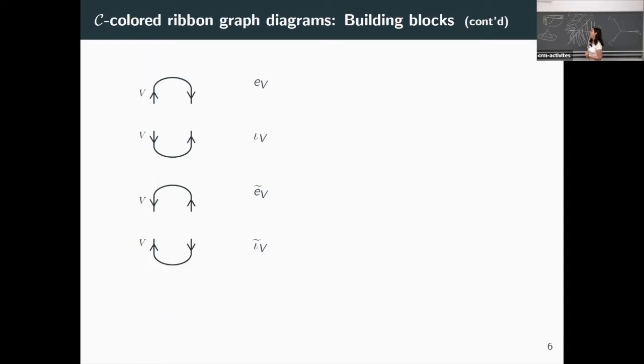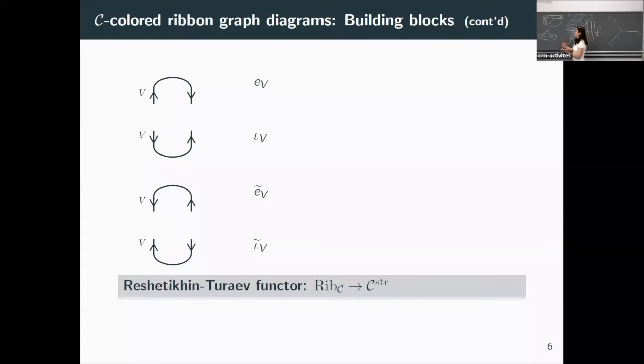Okay. And then if we have that, we can also use cups and caps to denote precisely these evaluation and co-evaluation morphisms. And the way in which they are oriented tells us whether it's a left or a right duality.